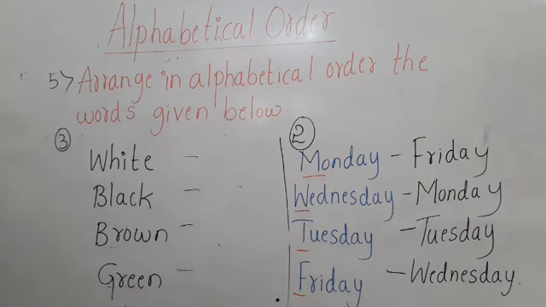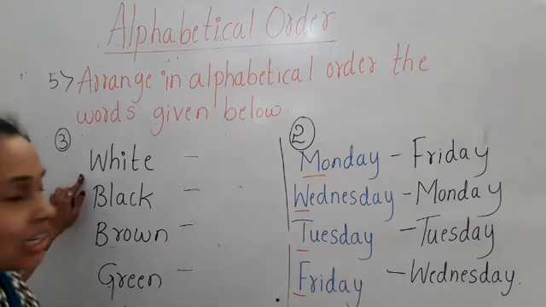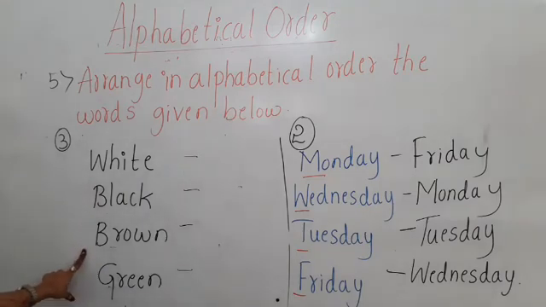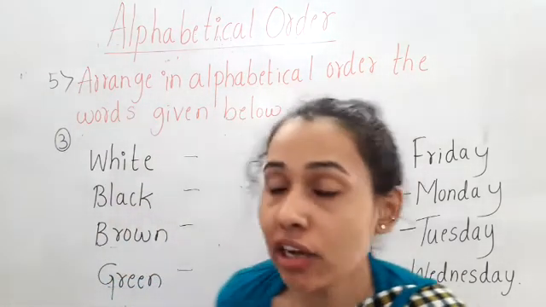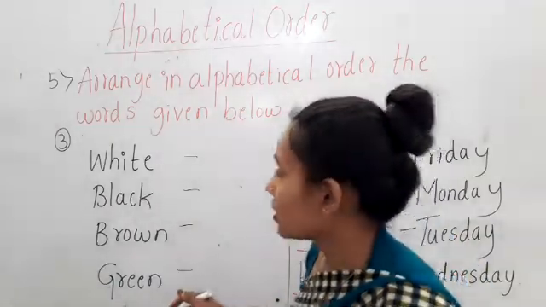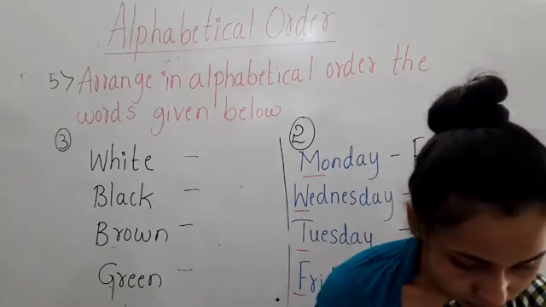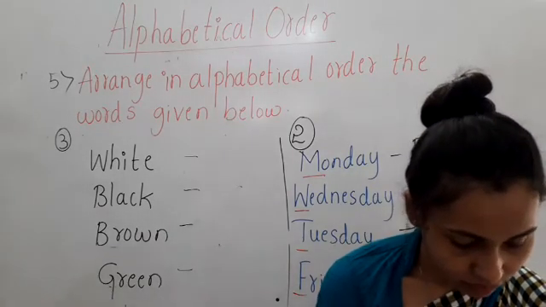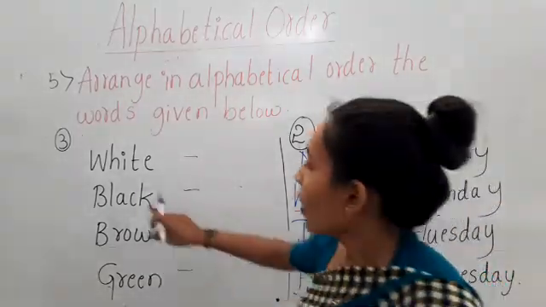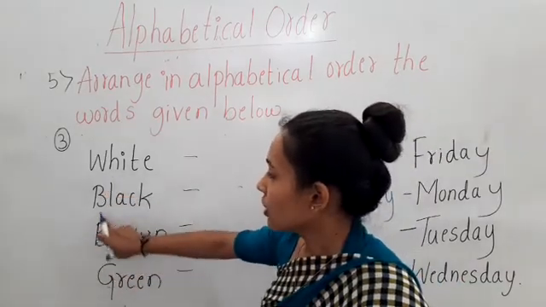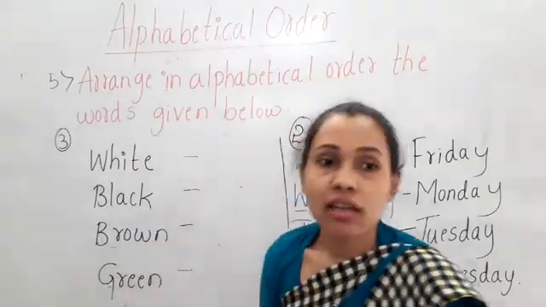So in the third column we have white, black, brown, green. Okay children, so how we are going to arrange these words? According to the letters they start with. Okay children. So here B and B, these both letters are same.